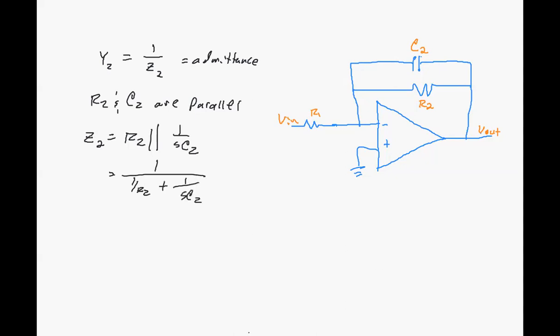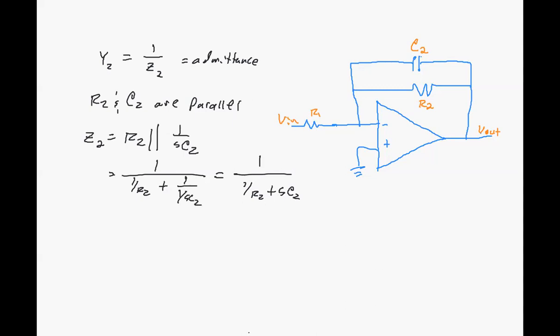We can do a little simplification easily, 1 over R2 plus SC2, right? Sorry, I need to have one more 1 over. So we have 1 over SC2, right? Now that simplifies as SC2.